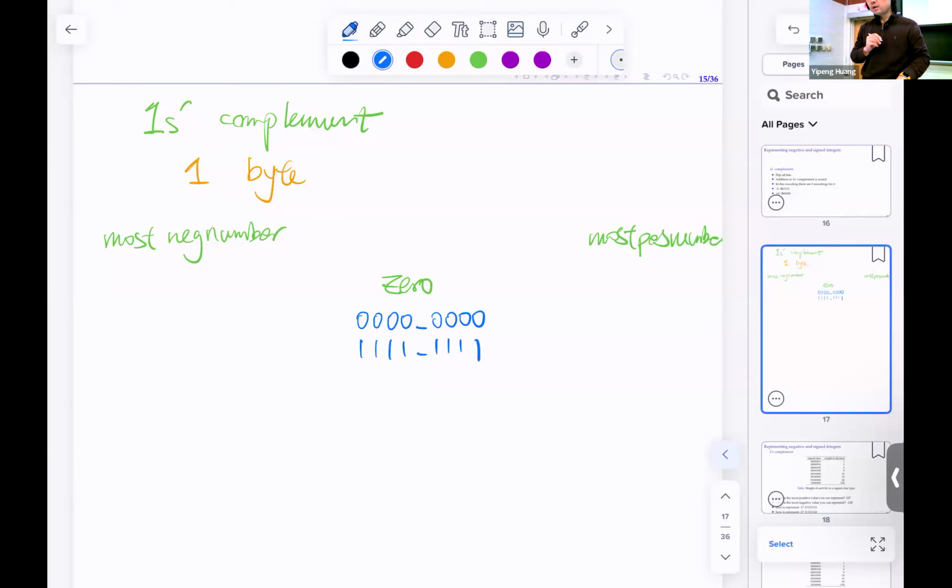Okay, so the most negative number is not 8 ones. So is it 8 zeros? No, 8 zeros is again dedicated to representing 0. So maybe let's come over here. What's the most positive number we can write down? 1, 1, 1, 1, 1, 1, 1, 0?